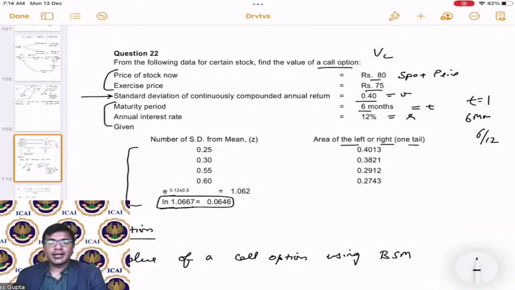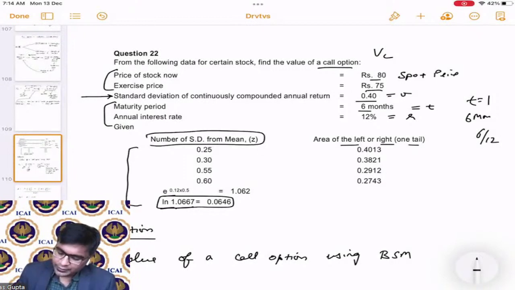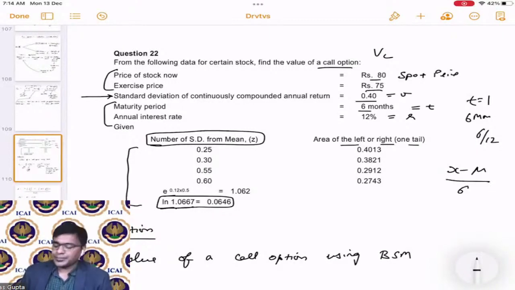This is what the standard normal distribution table is. Now, how can we conclude that this data is for the standard normal distribution? Because of this phrase, number of SD from mean. That means, can I rewrite this as x minus mean divided by standard deviation? Correct?